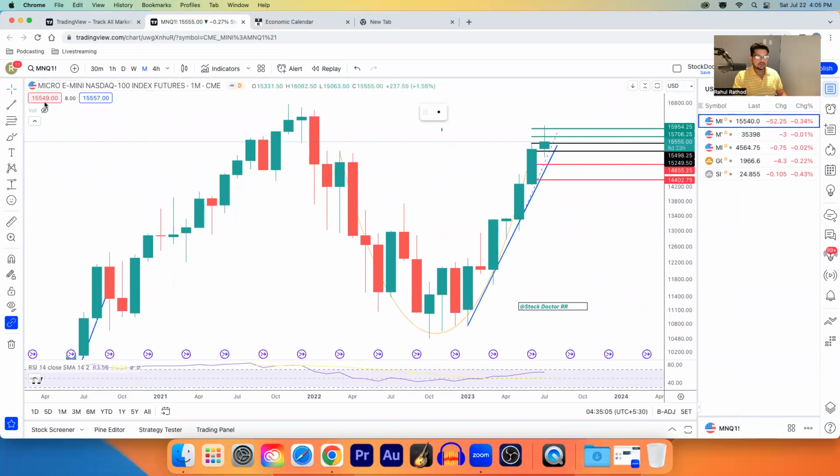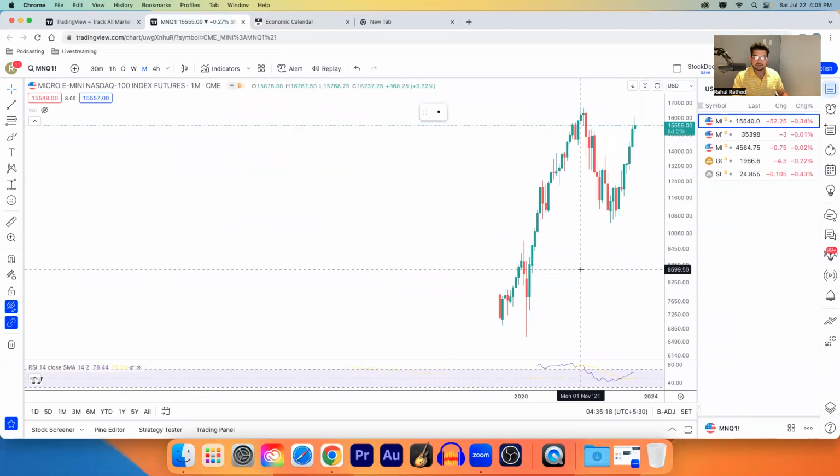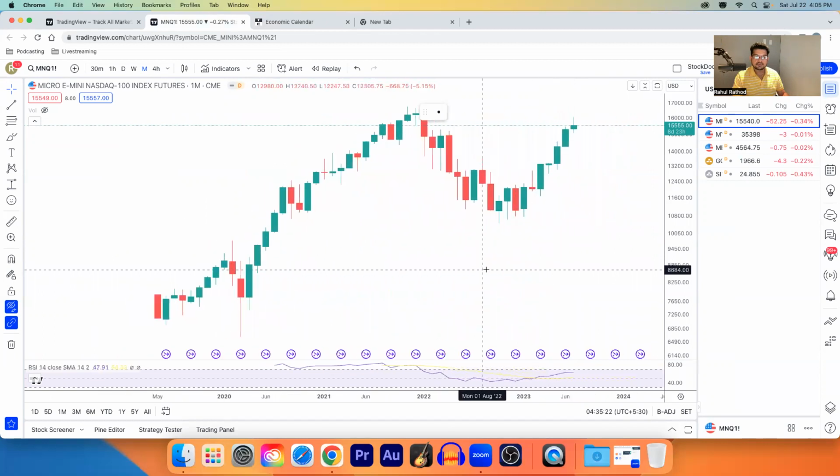So first, let's go ahead, hide the drawing and understand what the monthly candles are saying to us. So let's go ahead, reset this chart and you can see now. This is the monthly chart of Nasdaq 100. You can see here from January, February, March, April, May, June, July.